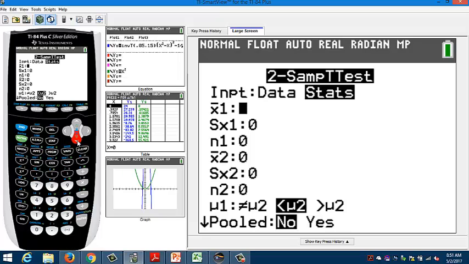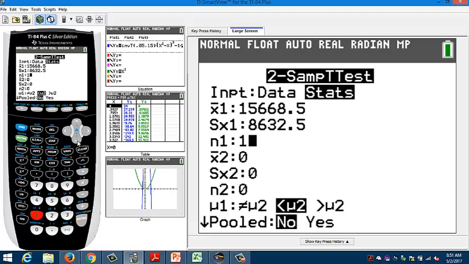I guess that's 186, right? Oh, no, it's not. That says X bar 1. So that's the mean number of words. So that's 15,668.5. That's the mean number of words that men speak in a day in our sample. The standard deviation we need also, that was 8632.5. How many men did we survey?